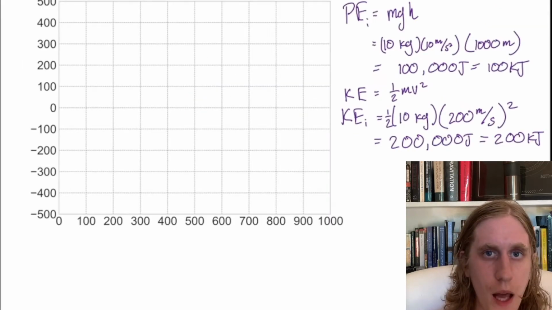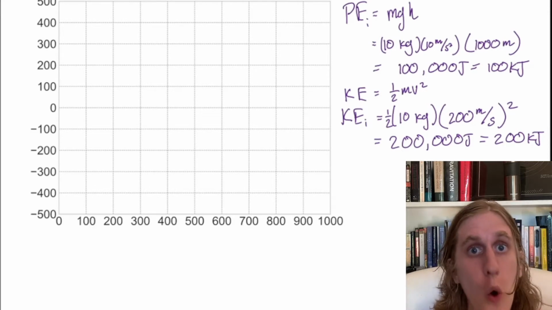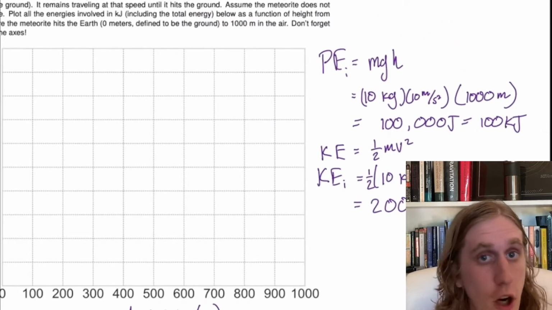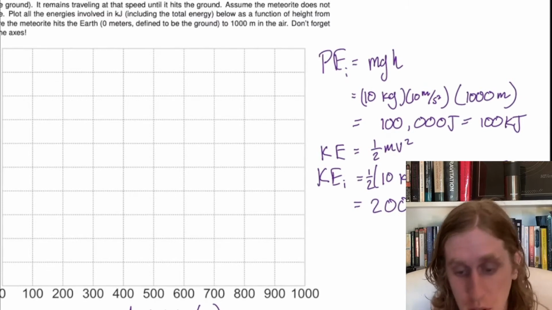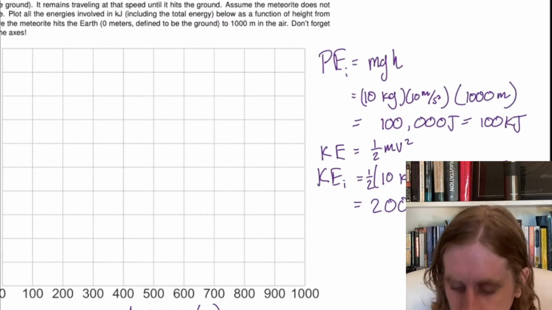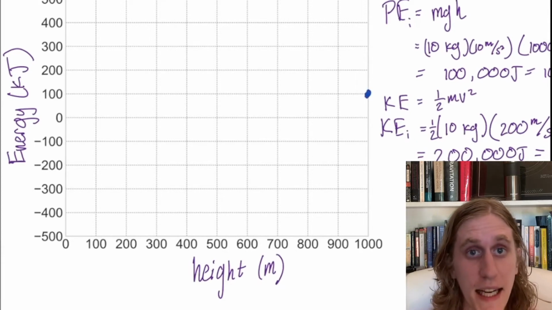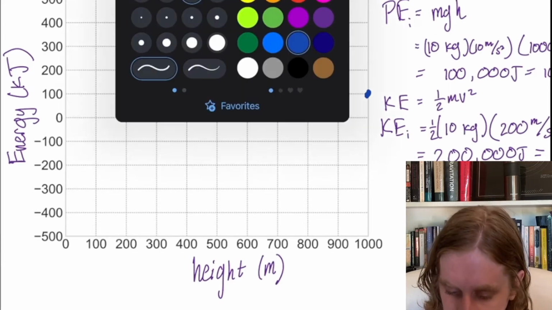Now, when we're plotting energies, energy will always be measured on the vertical axis, whereas the position will be measured on the horizontal axis. Let's start by marking our potential energy. At a height of 1,000 meters, the potential energy is just 100 kilojoules. The kinetic energy at the height of 1,000 meters is just 200 kilojoules.